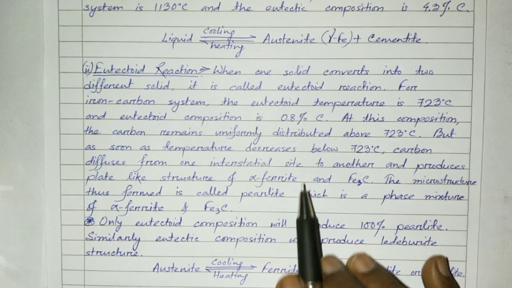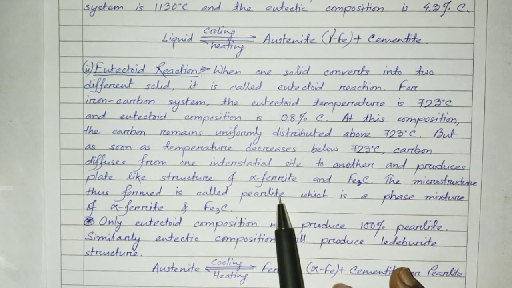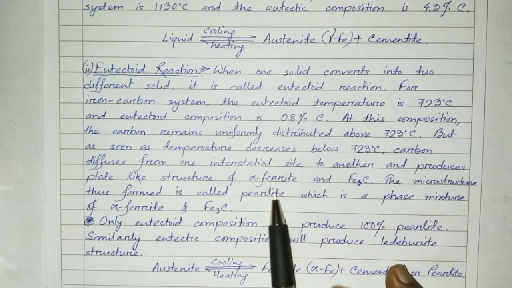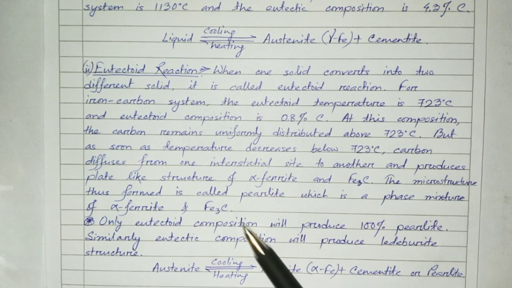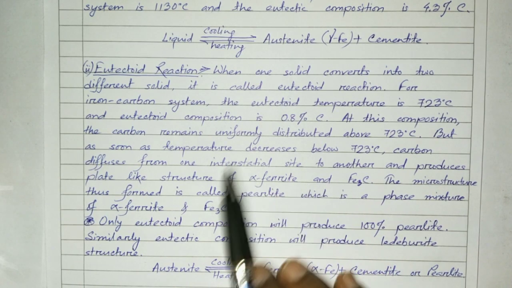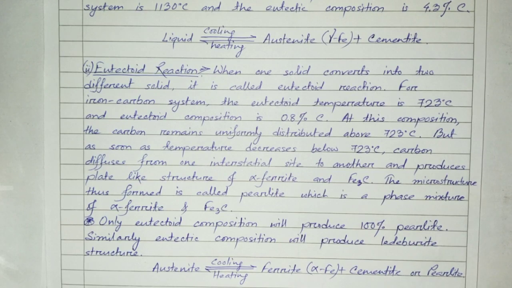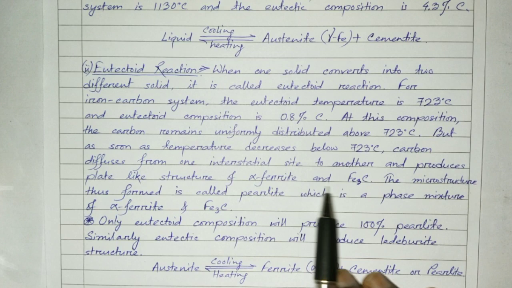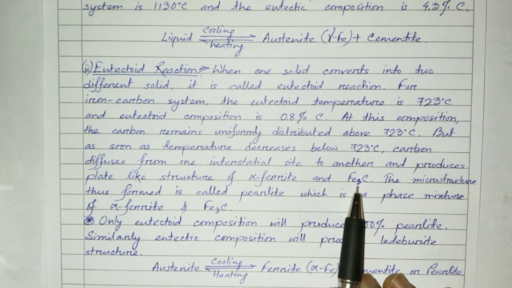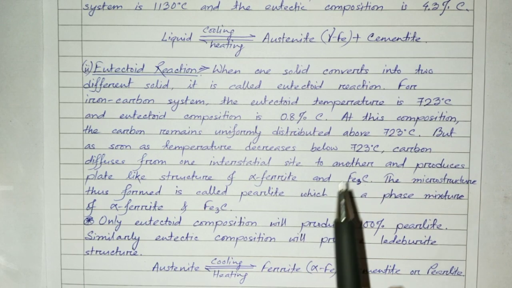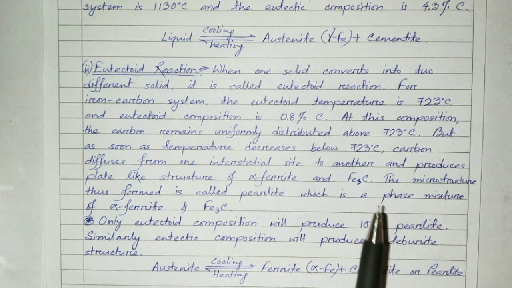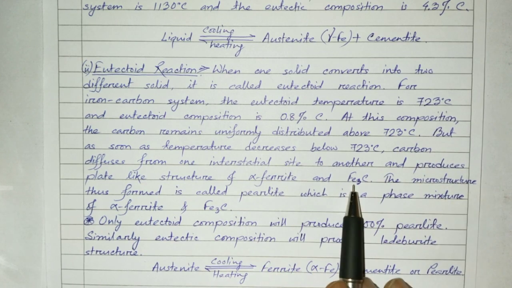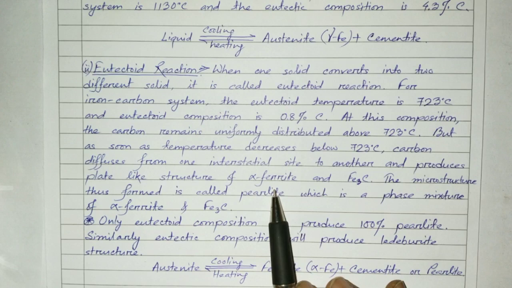At this composition, carbon remains generally uniformly distributed above 723 degrees centigrade. But when the temperature decreases below 723 degrees centigrade, the carbon diffuses from the interstitial sites and forms plate-like structures of alpha ferrite and iron carbide, and they form alternate layers, which together are called pearlite.